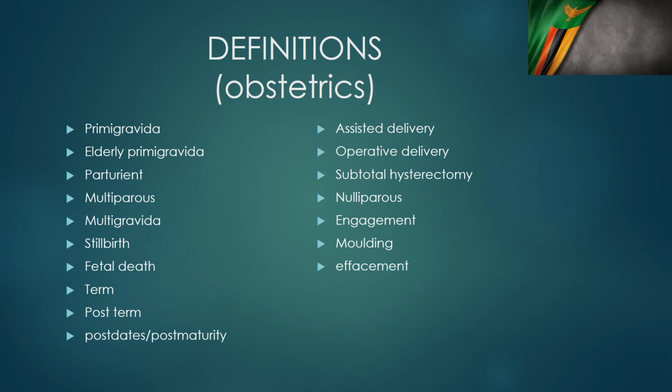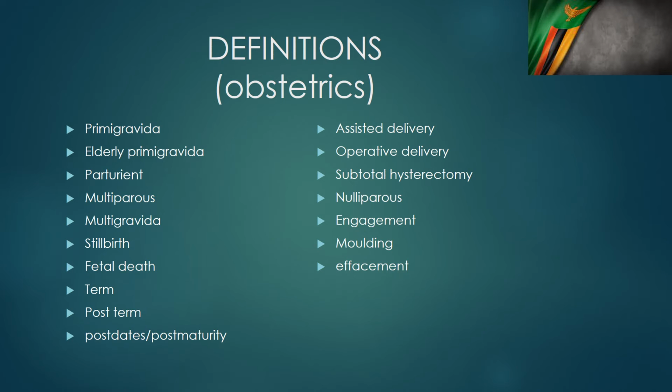Subtotal hysterectomy is removal of the uterus but leaving the cervix or part of the cervix behind. That would be a subtotal hysterectomy. A total hysterectomy would be a hysterectomy where the uterus and the cervix are removed.